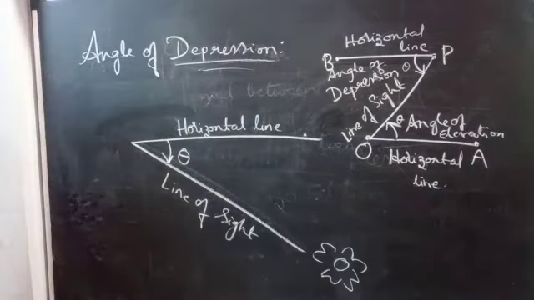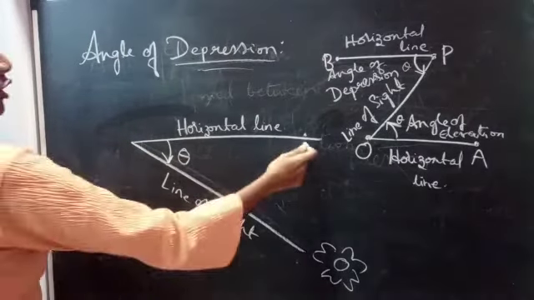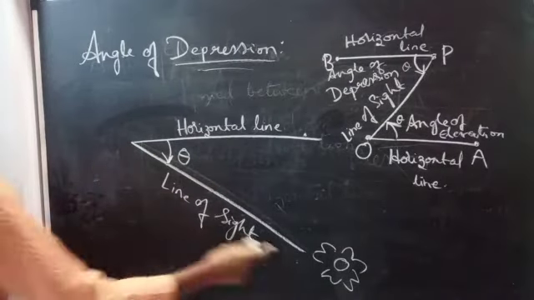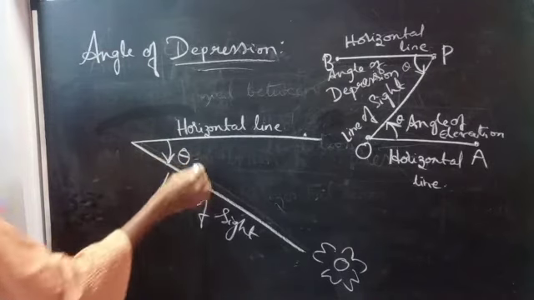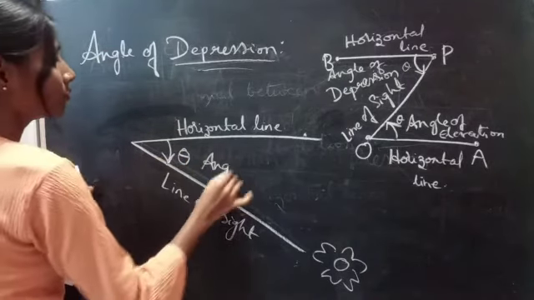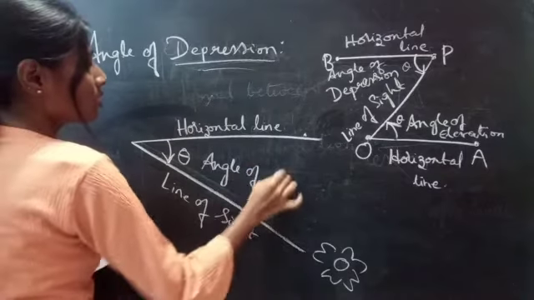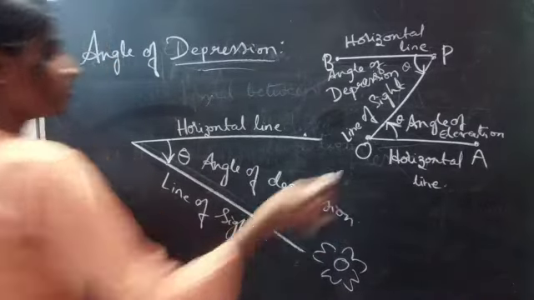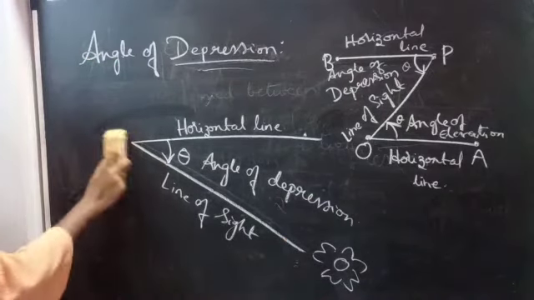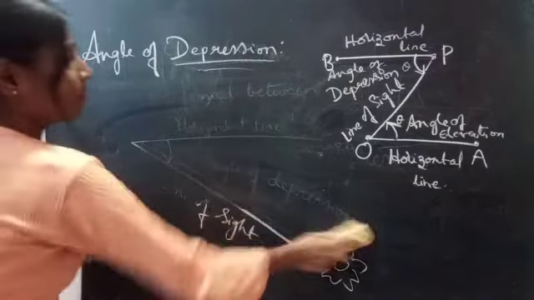The angle formed between horizontal line and line of sight is called angle of depression.